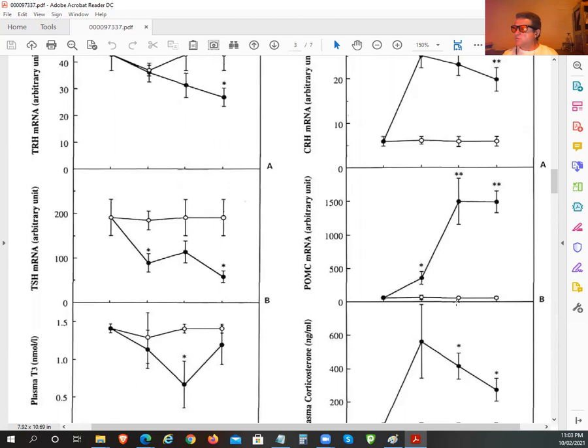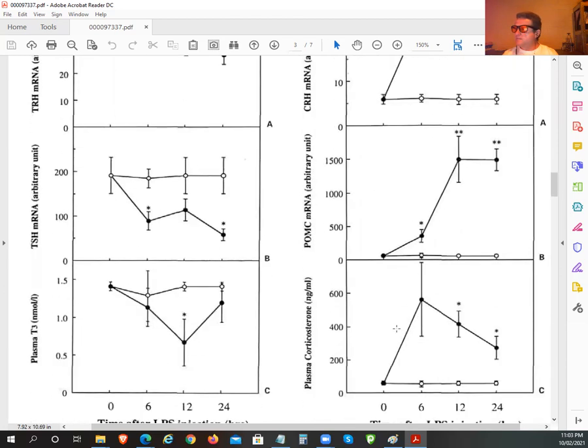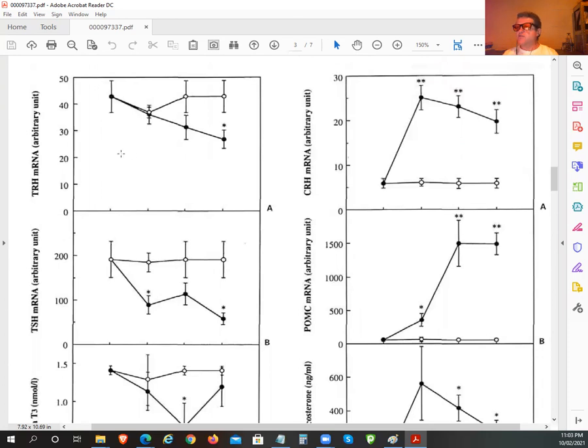So the body's responding to the LPS, but it makes no difference, because responding to something does not correct the secretion from these two areas, the hypothalamus and the pituitary gland.